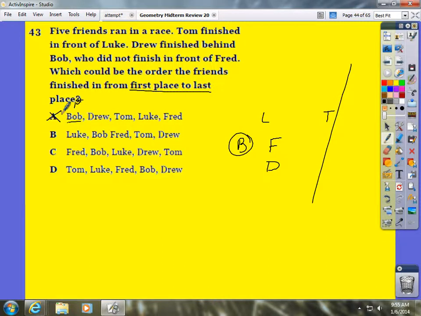So this one has Bob in front of Drew, so that one can't be. And this one has Bob in front of Drew. This one also has Bob in front of Drew and Fred. Okay.